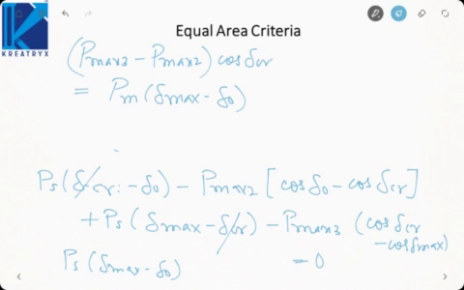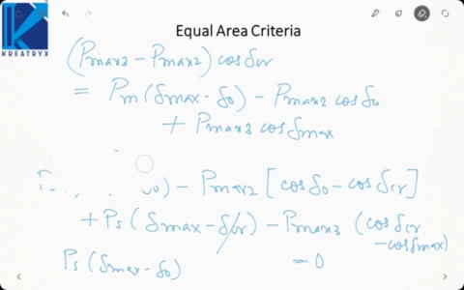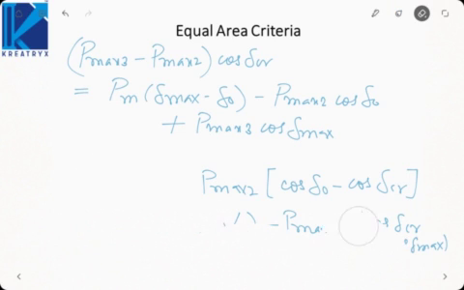PM is the mechanical input, PS is the shaft input, both are the same, minus Pmax 2 cos delta naught plus Pmax 3 cos delta max. From here I can calculate delta CR, the critical clearing angle.